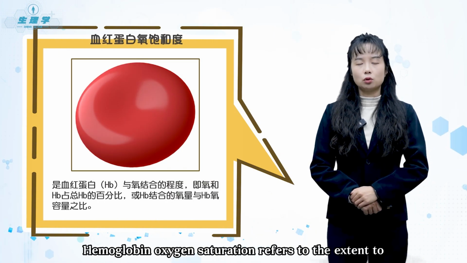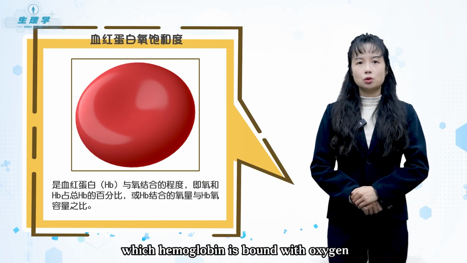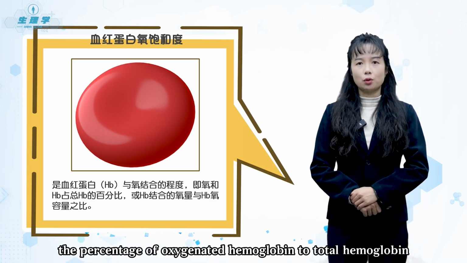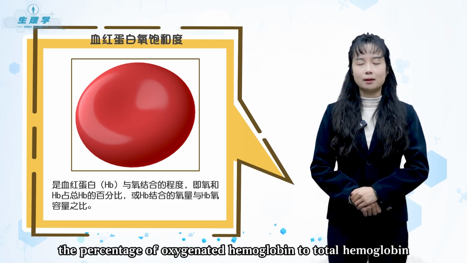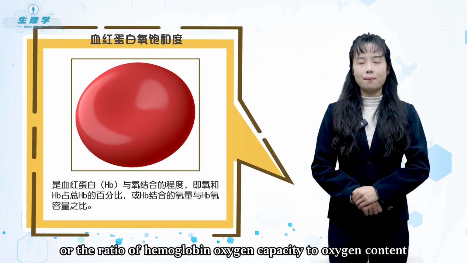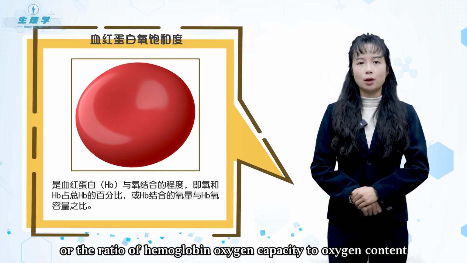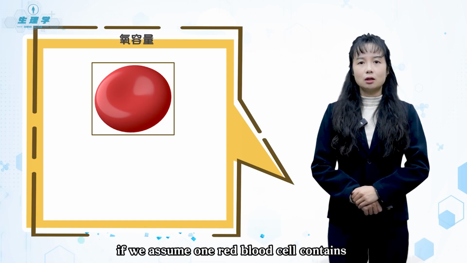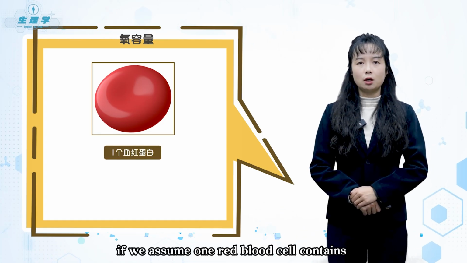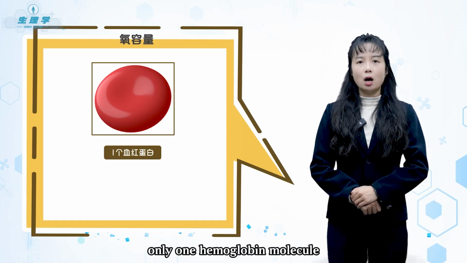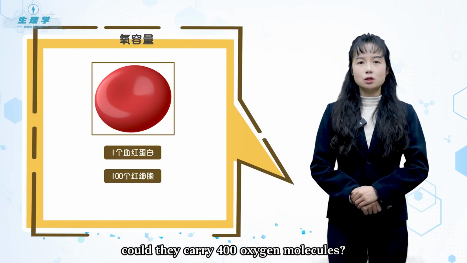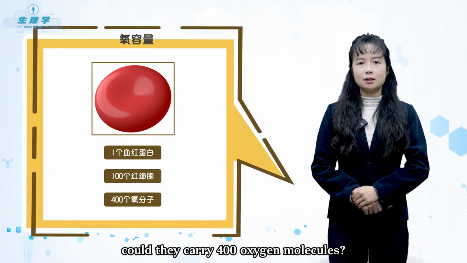Hemoglobin oxygen saturation refers to the extent to which hemoglobin is bound with oxygen, i.e., the percentage of oxygenated hemoglobin to total hemoglobin, or the ratio of oxygen content to hemoglobin-oxygen capacity. Simply put, if we assume one red blood cell contains only one hemoglobin molecule, and you have a total of 100 red blood cells in your body, they could carry 400 oxygen molecules.